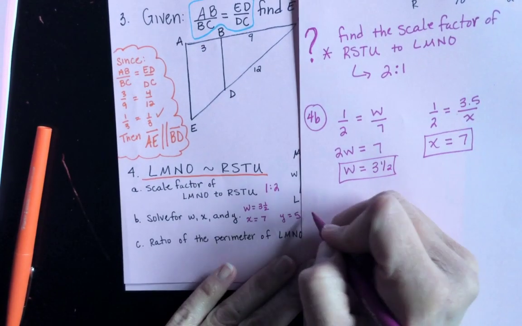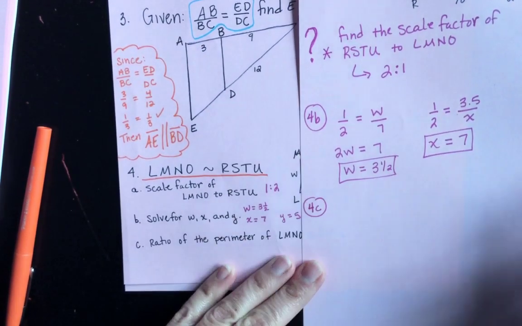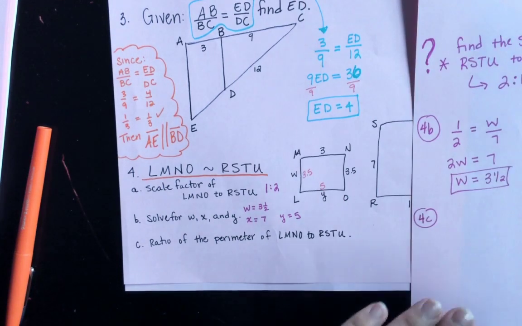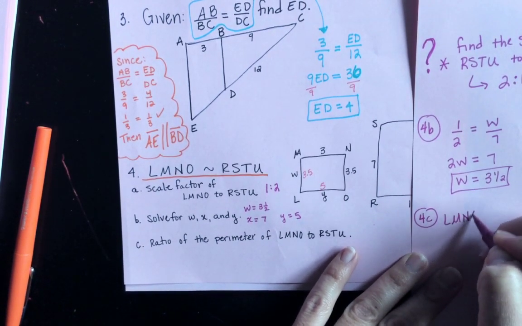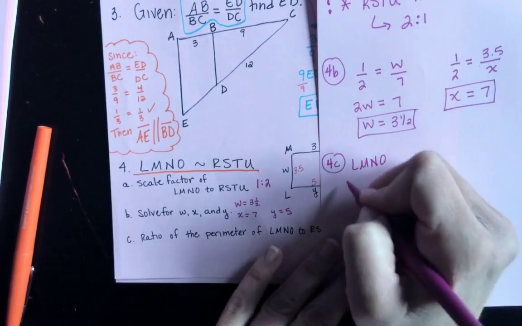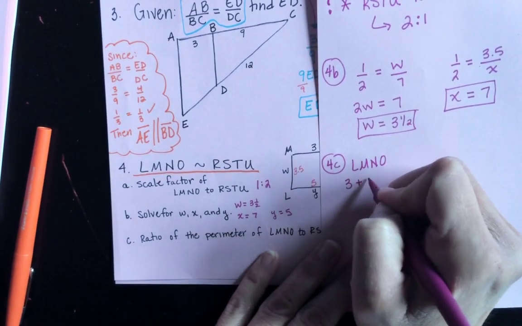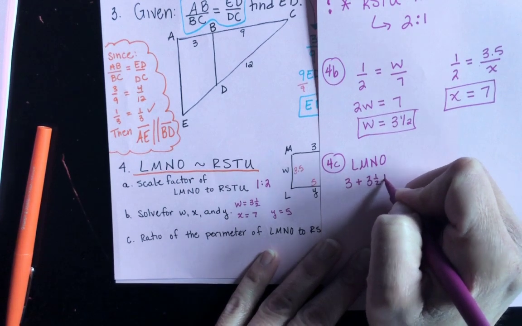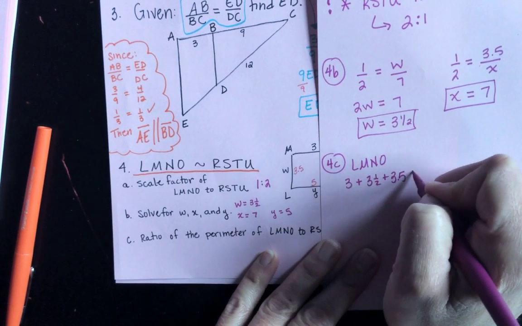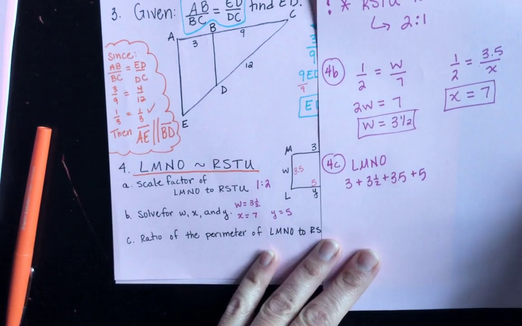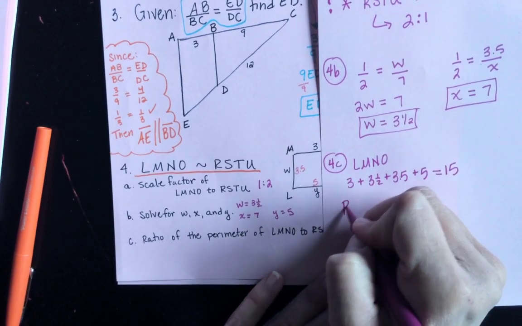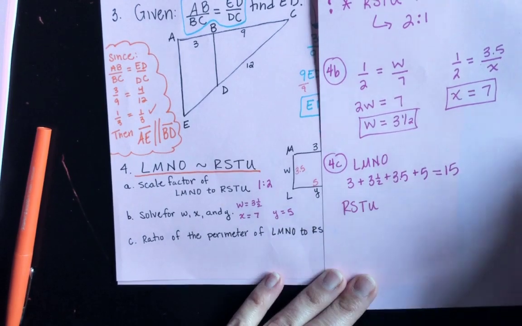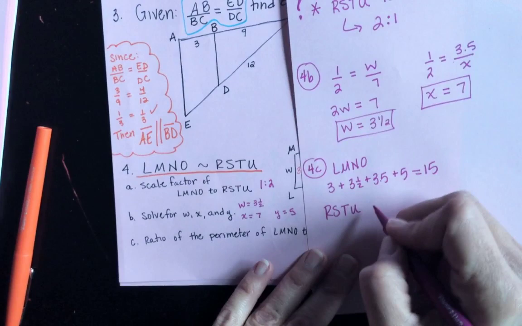So for part C, LMNO has 3 plus... we have 6.